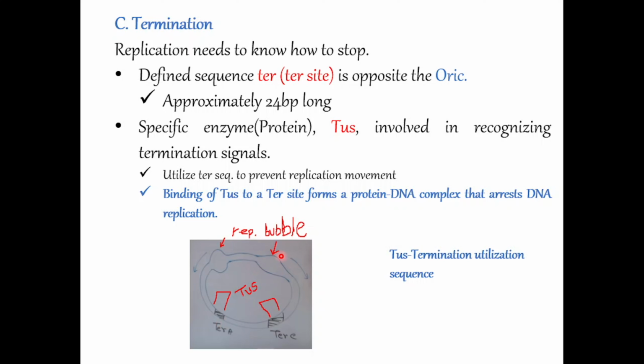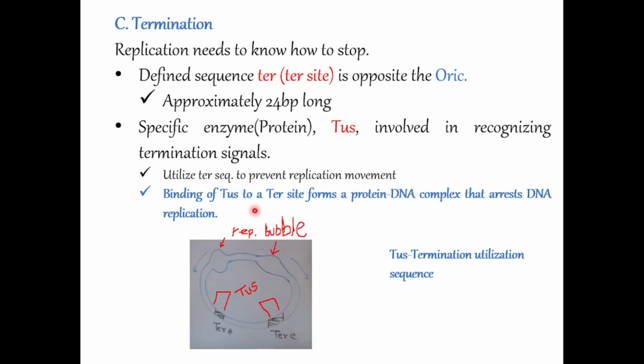Suppose a bubble is formed, replication begins, and it moves in both directions. In this direction, here is the Ter A site, and here is the Ter C site. TUS forms a complex here, and again TUS forms a complex here. These TUS are involved in recognizing the termination signal, utilizing the Ter sequence to prevent replication movement.